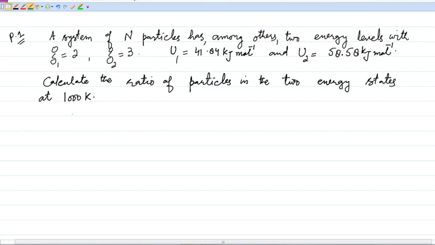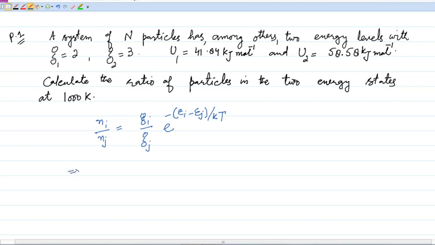In the previous lecture we derived this equation: Ni upon Nj is equal to Gi upon Gj into e raised to the power minus (Ei minus Ej) upon kT. So we will use this equation here.